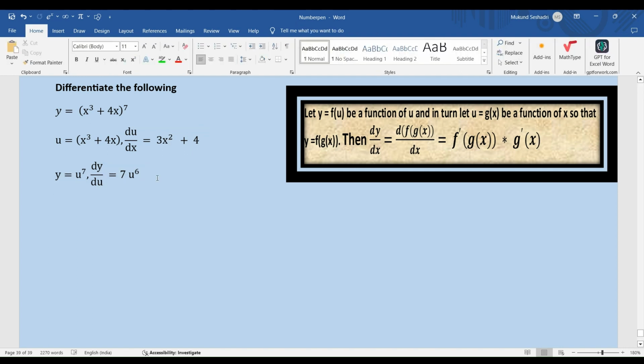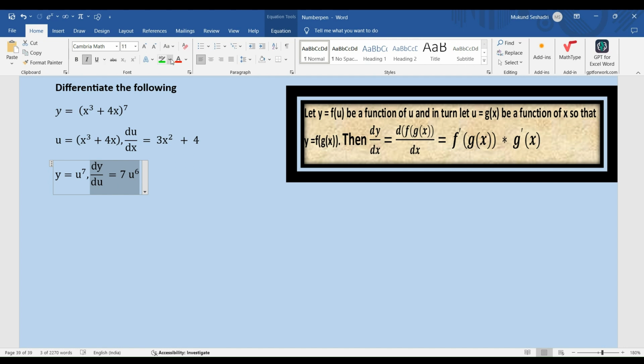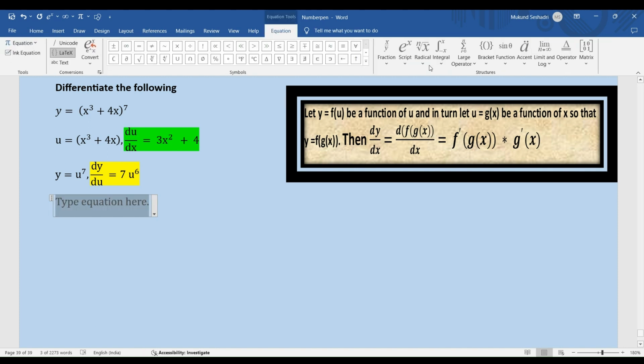So there I have two expressions. I have my dy by du. Let me highlight this in yellow. And then I have my du by dx. Let me highlight this in green. And now I will have to figure out what is my dy by dx, right? So let's write down what is our dy by dx first. So my dy by dx equals dy by du into du by dx, right?